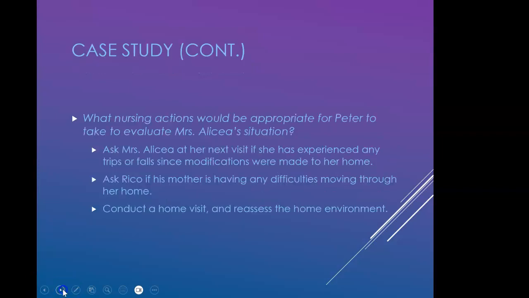So these are the things, and it doesn't have to be super duper sophisticated if you stay on track. All you are doing is providing safety, because she was at risk for injury. That's the diagnosis, because of her vision.